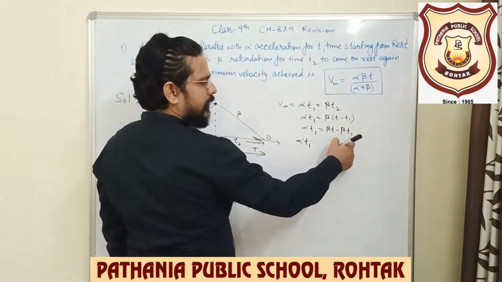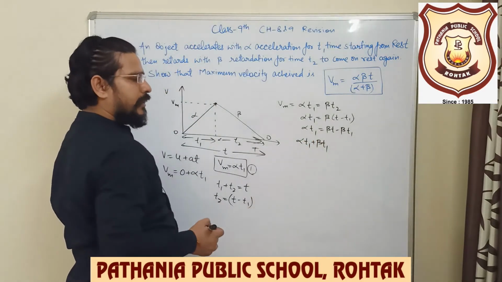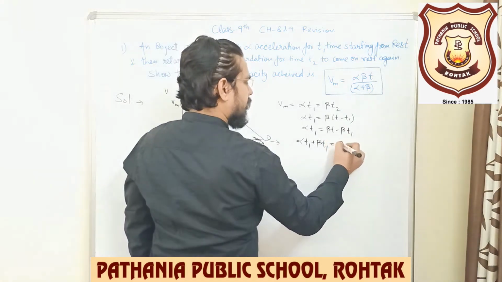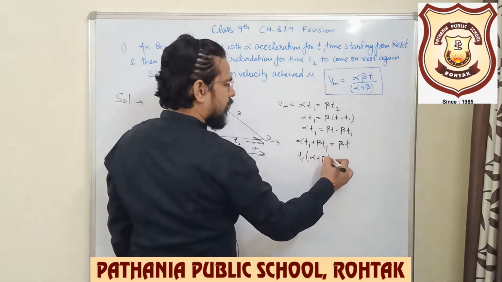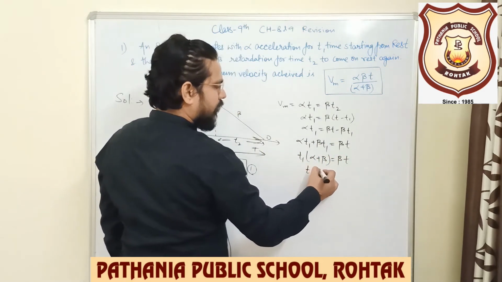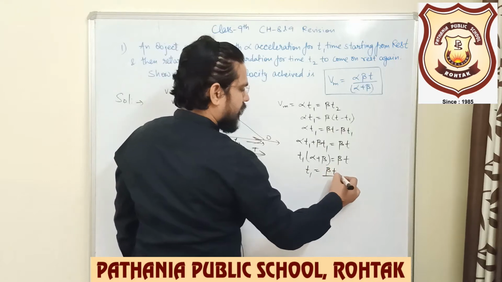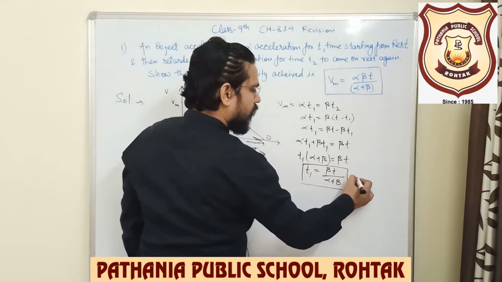So bringing this beta t1 to the left hand side, its sign will change and it will become alpha t1 plus beta t1 is equal to beta t. Taking t1 common, alpha plus beta times t1 is equal to beta t. So the value of t1 is beta t divided by alpha plus beta. Let us say this is our equation 2.